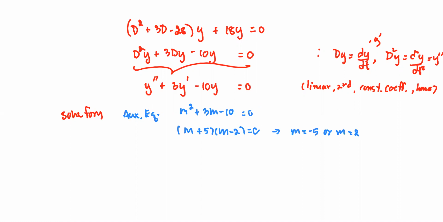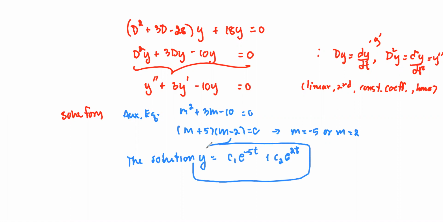Then put together as a complementary solution, the general solution for y is c1 e to the negative 5t plus c2 e to the 2t. And then we're going to use y to find the x solution.